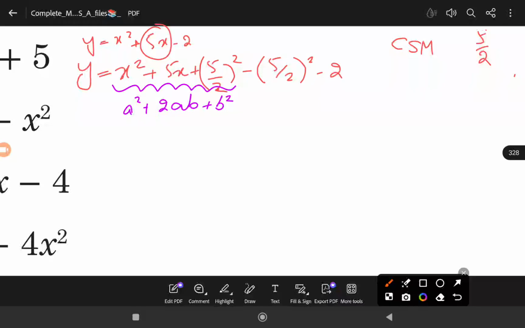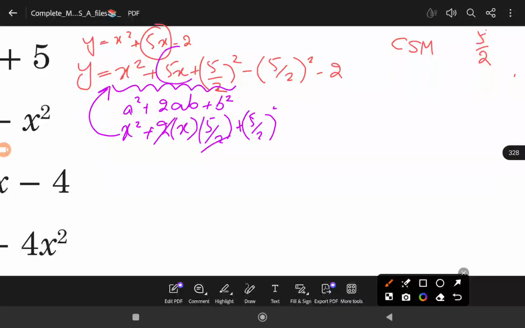I am going to put the values in the formula so you can tackle this. x square plus 2 bracket x, because our a is x and our b is 5 over 2, right? Plus 5 over 2 whole square. After cancelling 2 you will get 5x, which is already here.